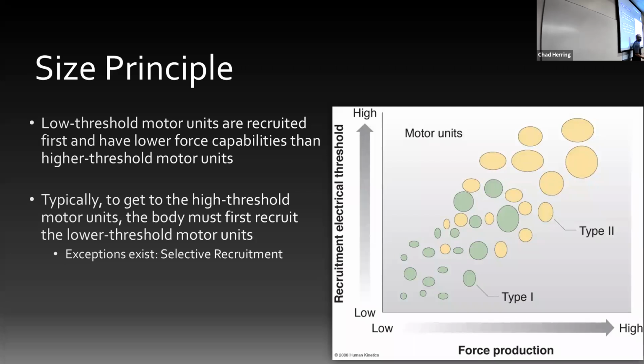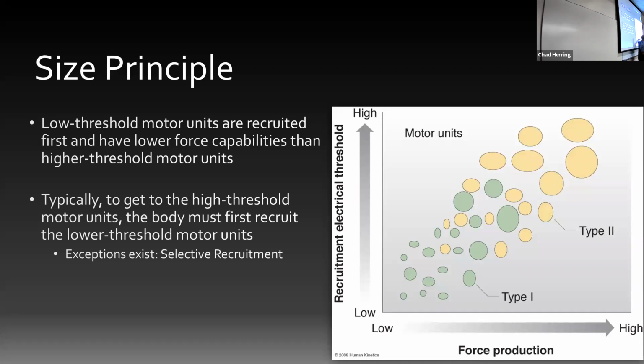If we have low force production, like aerobic training or endurance training, it's lower force production than plyometric, speed, or resistance training. We don't need to recruit a lot of those high threshold motor units because we don't need that force output. What we need is a little bit of low force output, but on the opposite end of the spectrum, it's going to last.